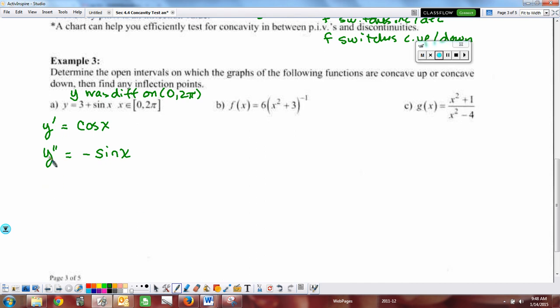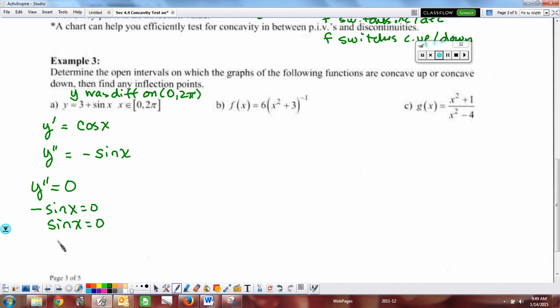So I'm going to take my second derivative, and I'm going to set it equal to 0. So these are possible inflection points. The second derivative equals 0 when negative sine of x equals 0, or when sine of x equals 0.